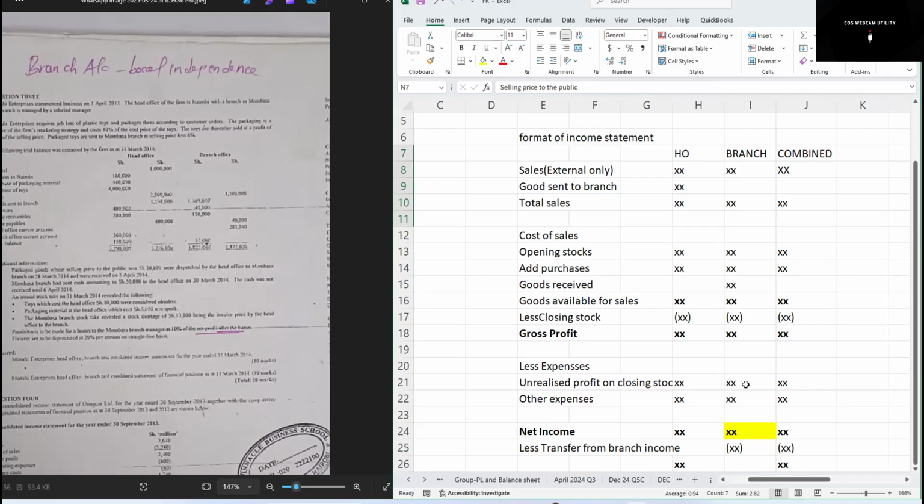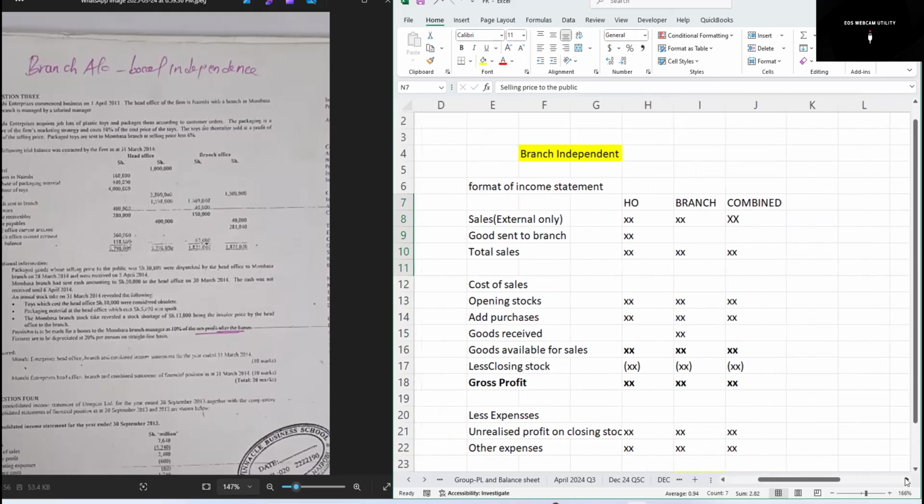Goods in transit. Yes, goods in transit. They have not received that good in transit. And you remember, we have been told the selling price to the public.